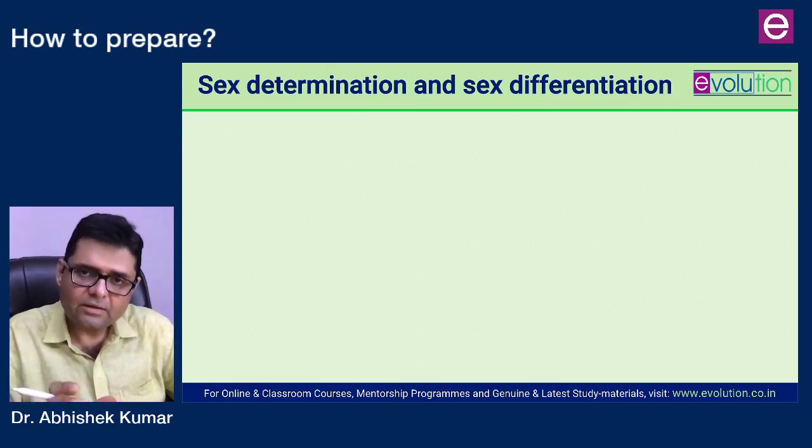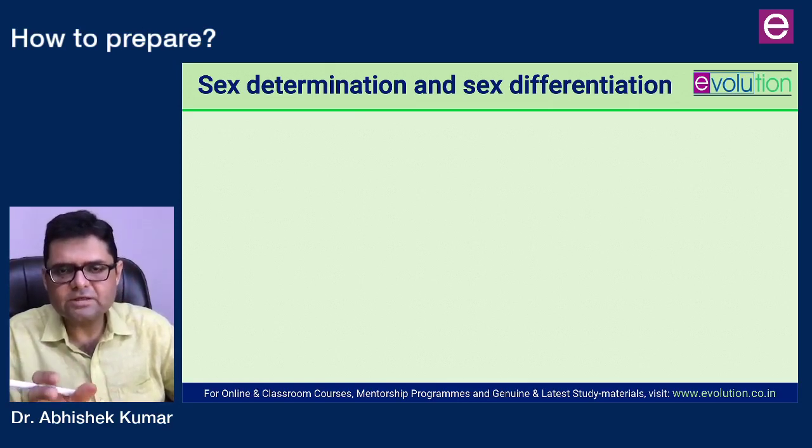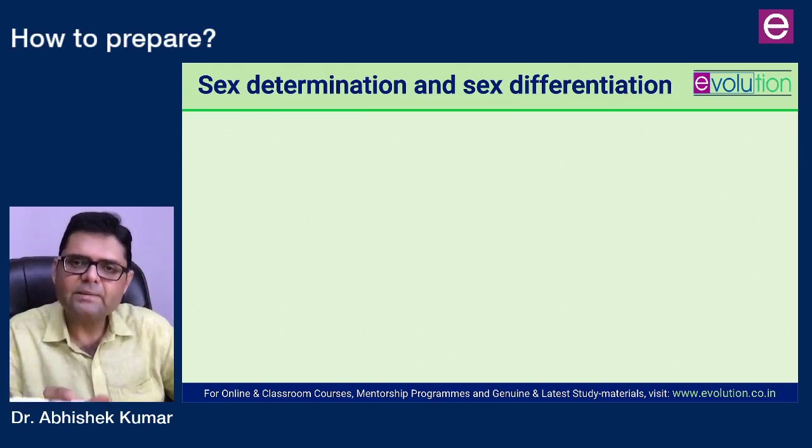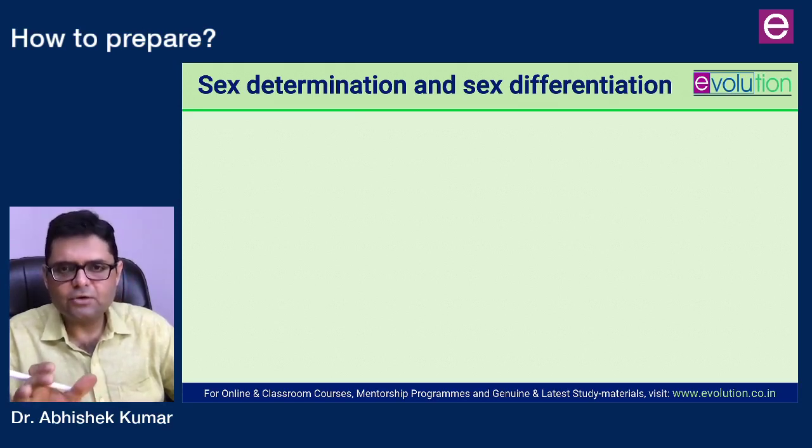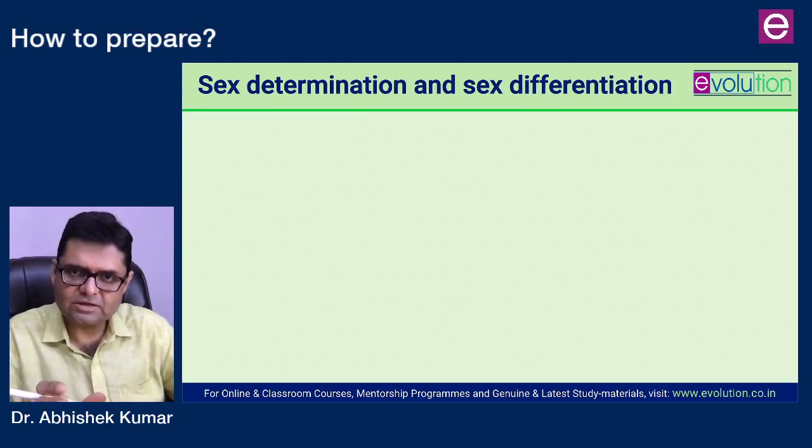But even in plants, significant research has been done, and in all the categories where you find the mechanism of sex determination with a plant example, it will be important to mention the plant example. First and foremost, define sex determination nicely.